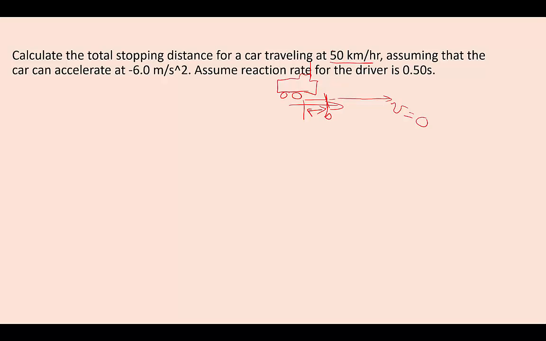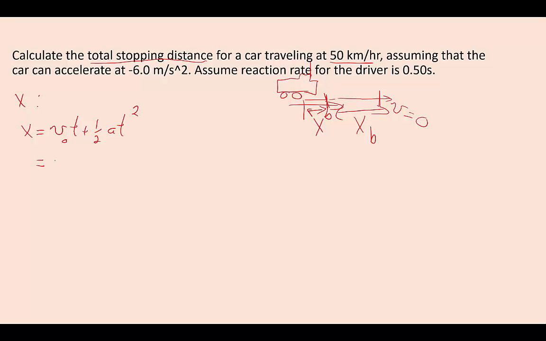So the first thing that we want to find out, we're looking for the total stopping distance. So the first thing is, what is this part that they travel before they put on the brake? And then we want to find out what is the distance they travel while they are braking. So to find x, we can use the equation that x is equal to v naught t plus 1/2 at squared.